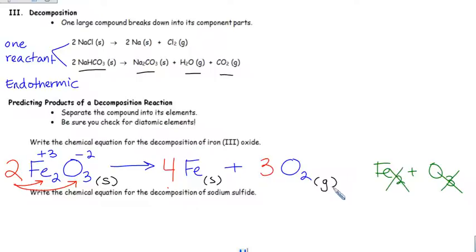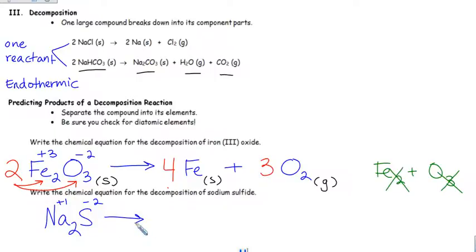What if we have the decomposition of sodium sulfide? All right, sodium sulfide. IDE is just regular sulfur. Sodium is +1. Sulfur is -2. So I'm going to need 2 sodium to make a neutral compound.